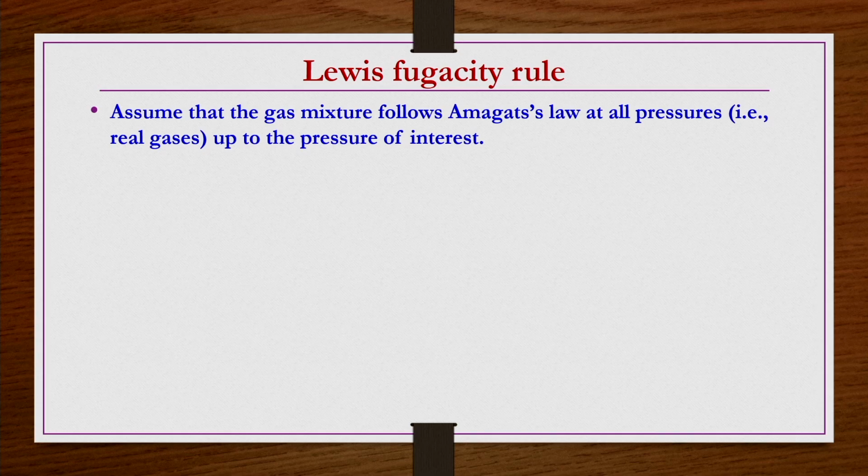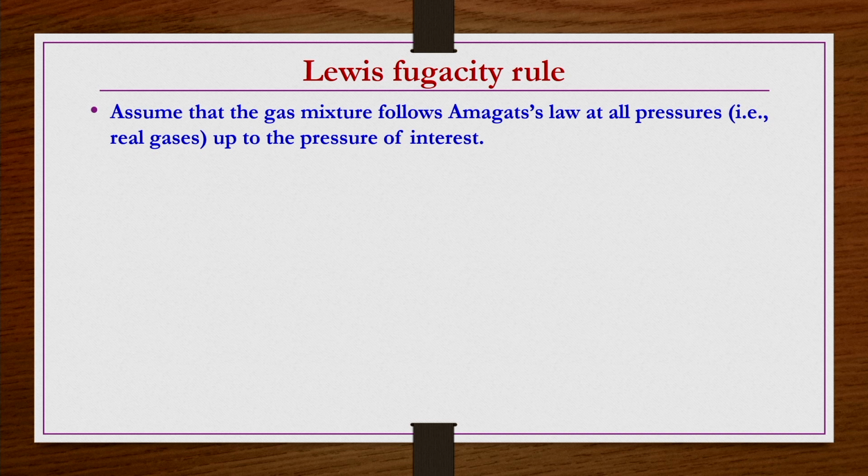If there is no change in volume when different gases are mixed isothermally, and there is a linear relation between capital V and small vi, then we call it a kind of Avogadro's law, and from there, whatever fugacity coefficient expression we get, we call it the Lewis fugacity rule that we are deriving now. Assume the gas mixture follows Avogadro's law at all pressures, that is, for real gases.